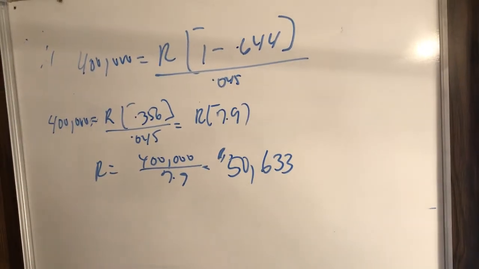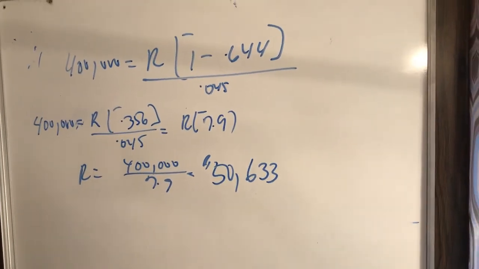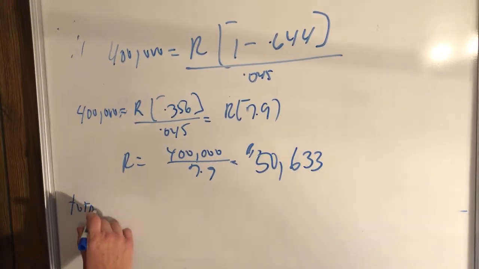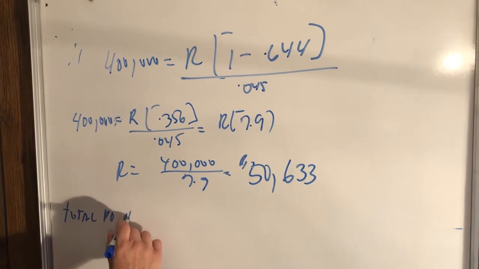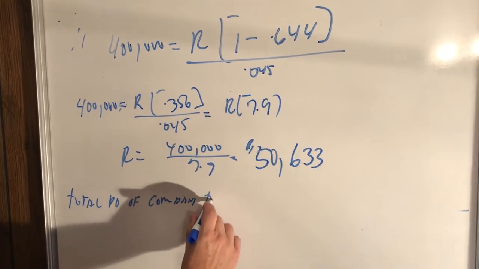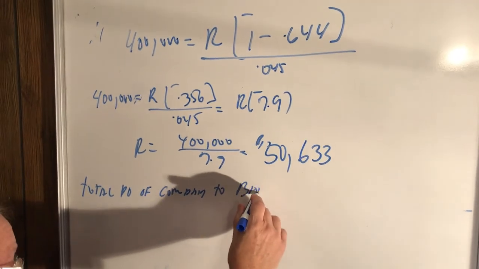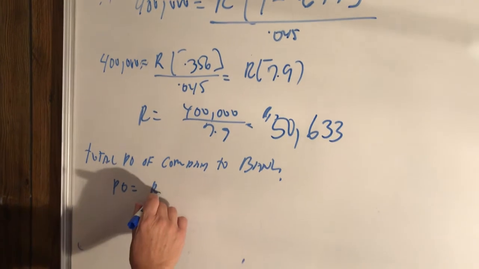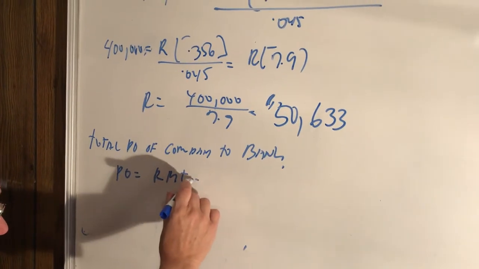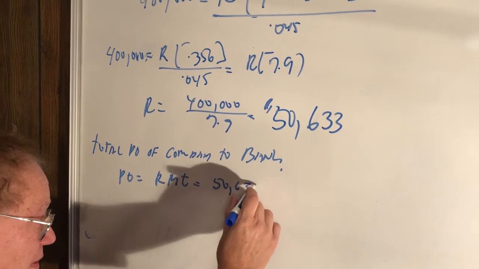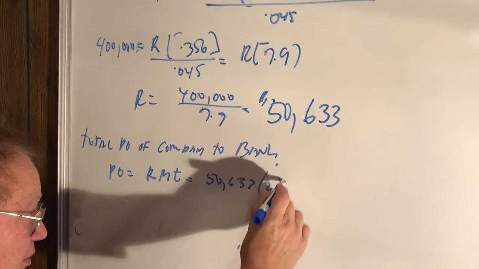But it was semi-annually, twice a year. So let's look at the total payout of the company to the bank. Well, the payout is going to be R times M times T. So it's 50,632 times 2 times 5, right?